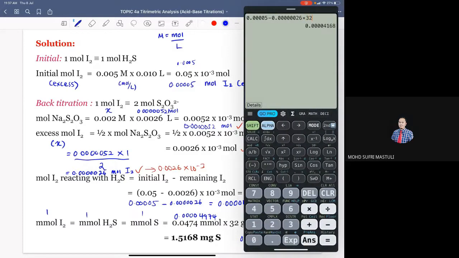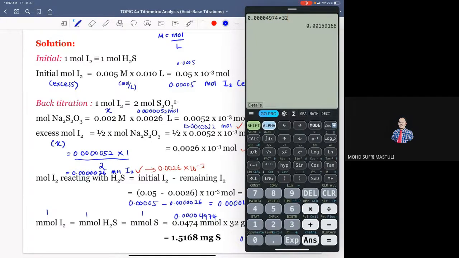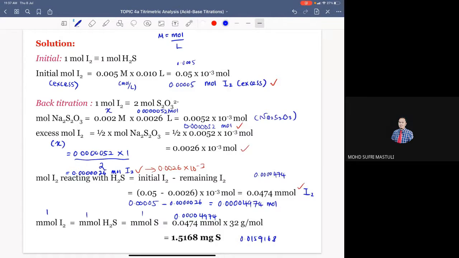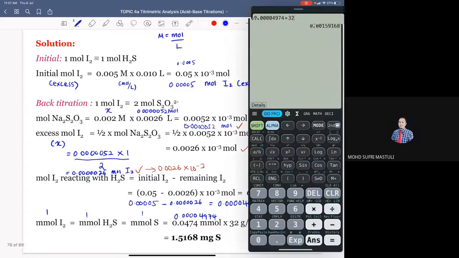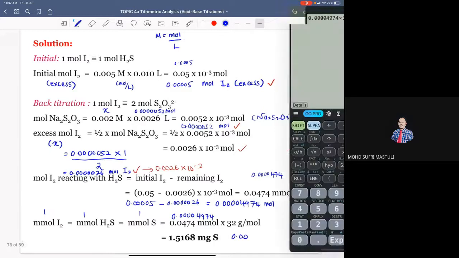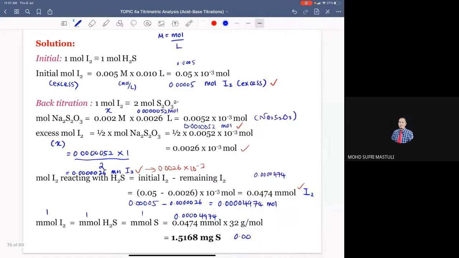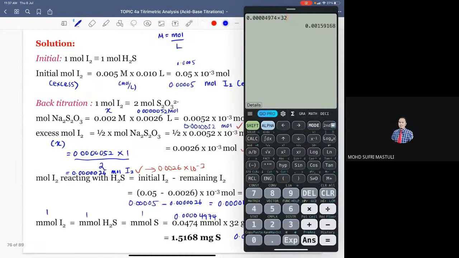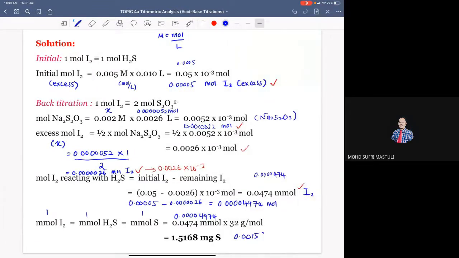Times 32. 4972 times 32, so I think I get the answer already. It's 0.00159168 gram.